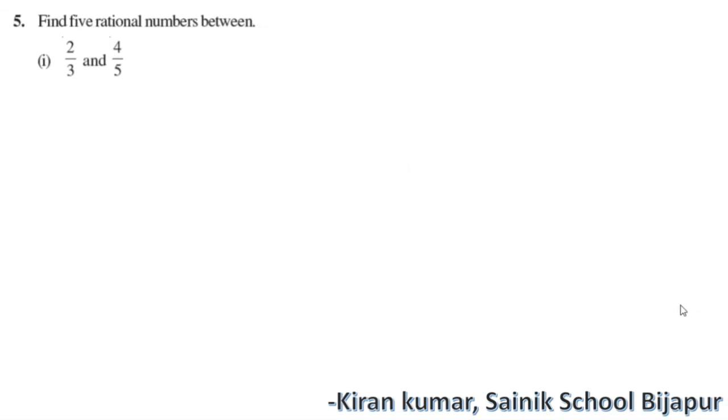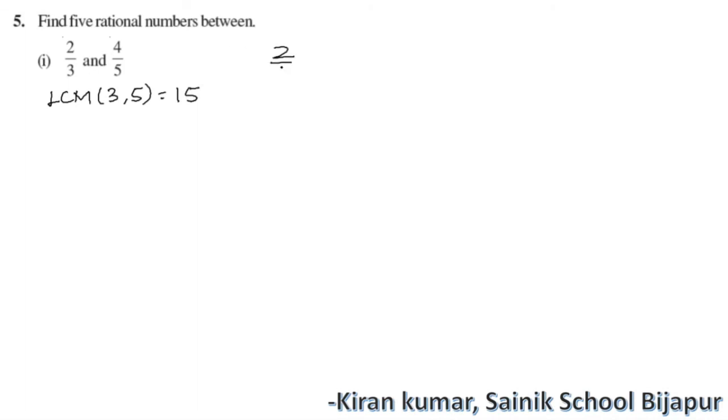Question number 5. Find 5 rational numbers between 2 by 3 and 4 by 5. Let me make the denominators the same. So let me take the LCM of 3 and 5, and it is 15.